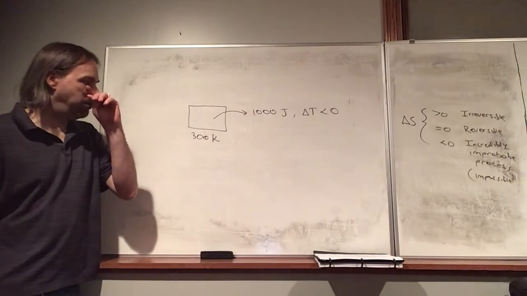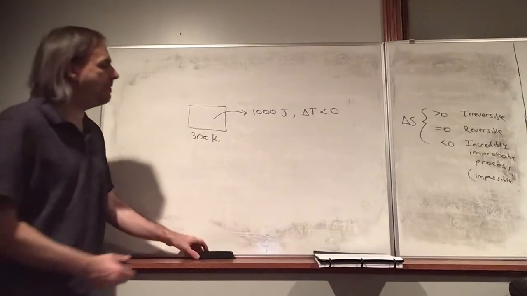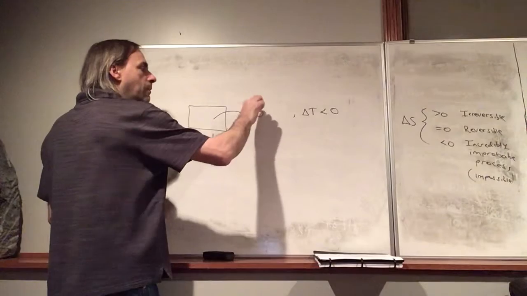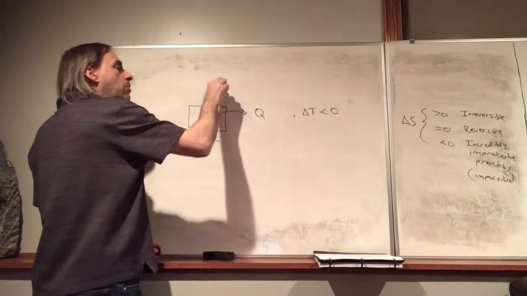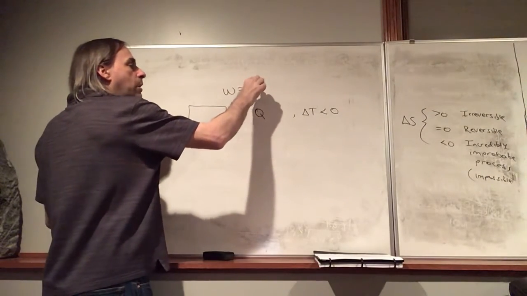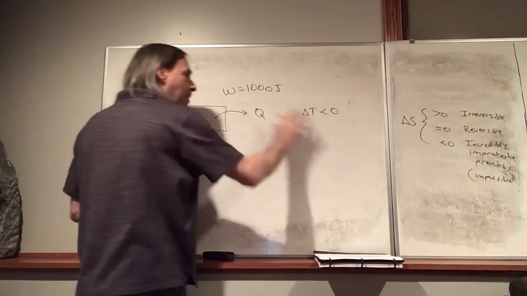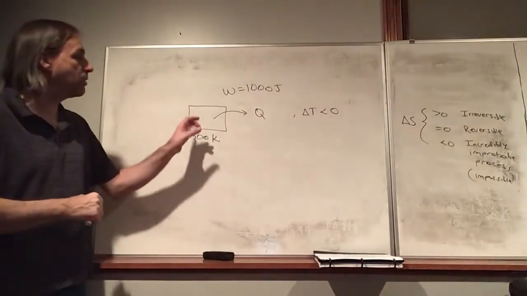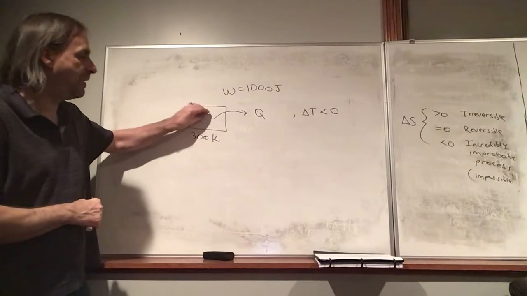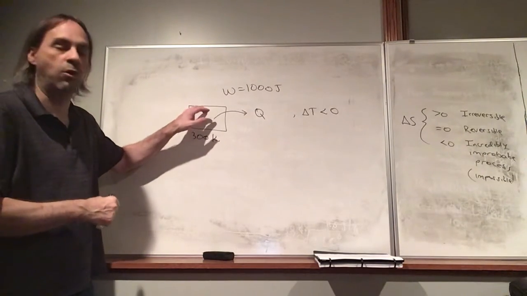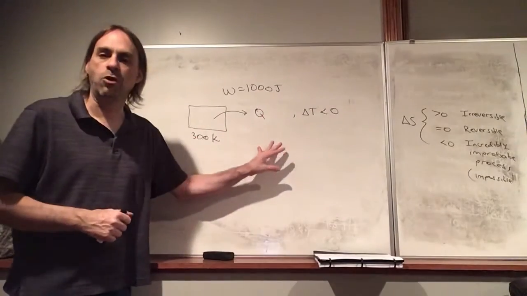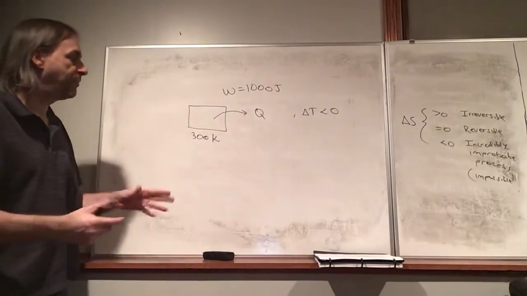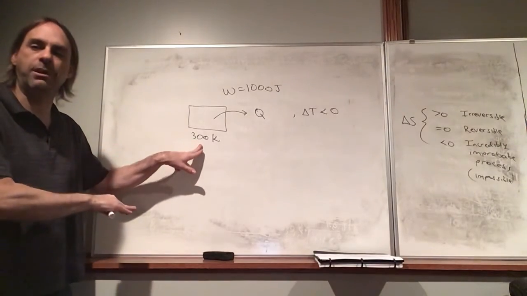So let's say we do 1,000 joules of work to remove some amount of heat Q. And remember, this energy never disappears, so we have to take heat out of this system, which is at room temperature, and put it in the room. That's not that difficult to do. So we can do that. But now the temperature has decreased a little bit.